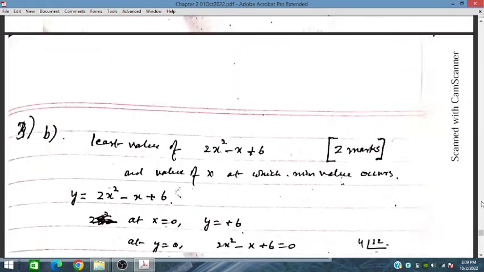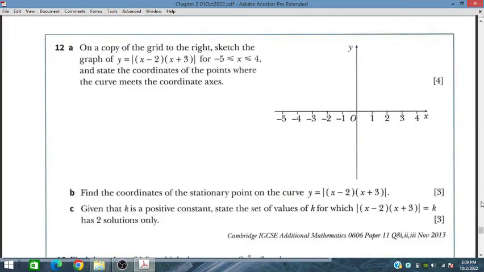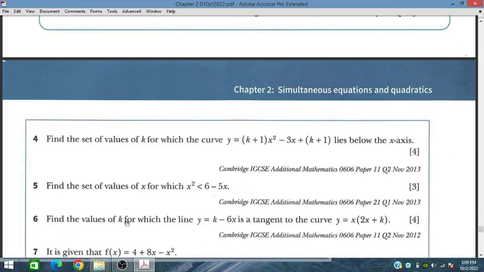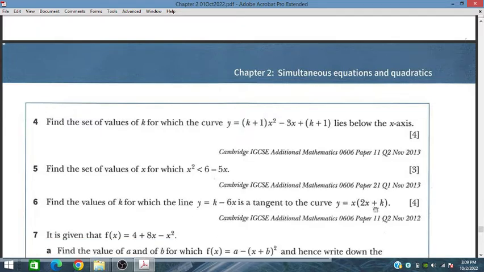Question number 6. Find the value of k for which this line is tangent to the curve. Tangent to the curve means the discriminant is 0. Find the value of k for which this line intersects this curve at one point. That is, the discriminant is 0.